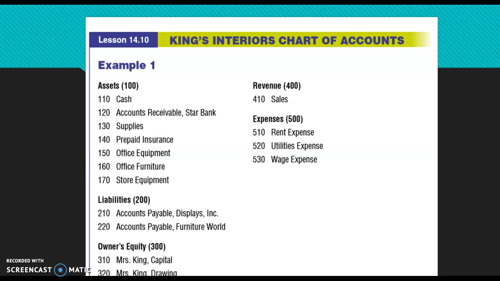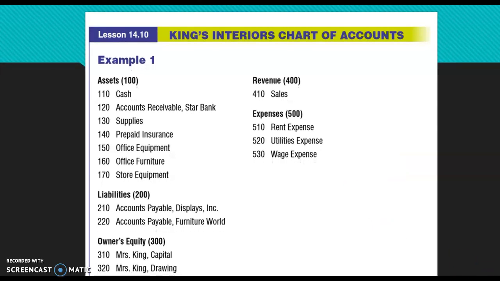So let's take a look at it. Here is King's Interiors' chart of accounts, and you can see with Mrs. King, let's look here just a little bit. I'm going to open it up a little bit more. Assets come first, and they're 100s. Now we're doing the 3-digit numbers.